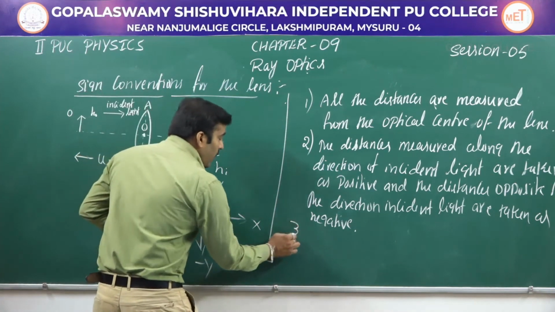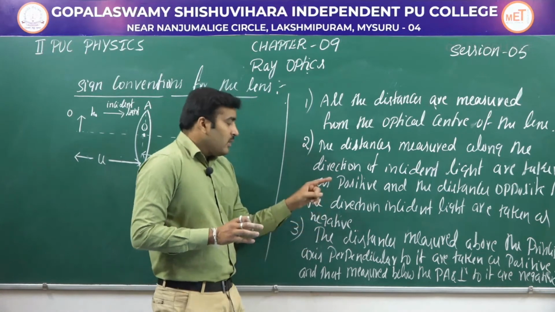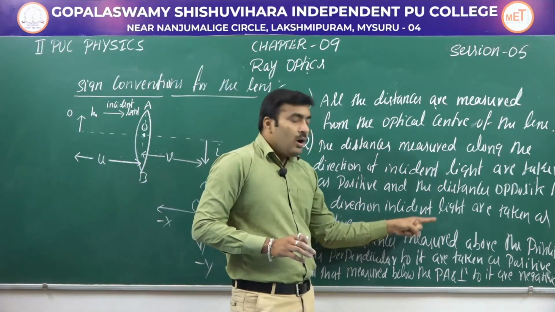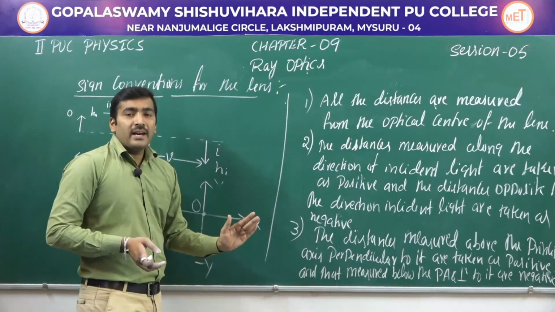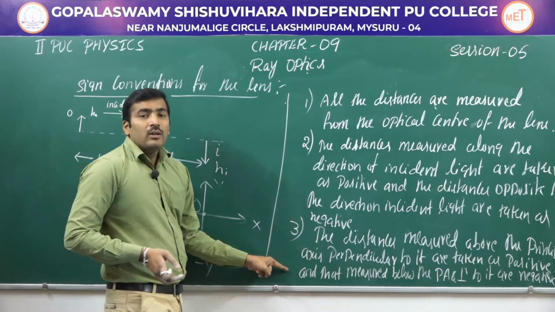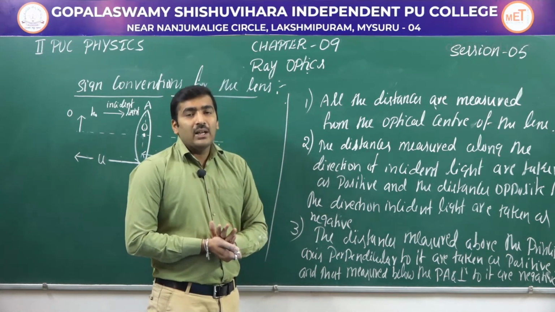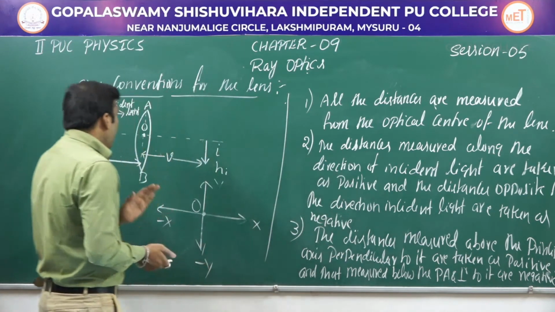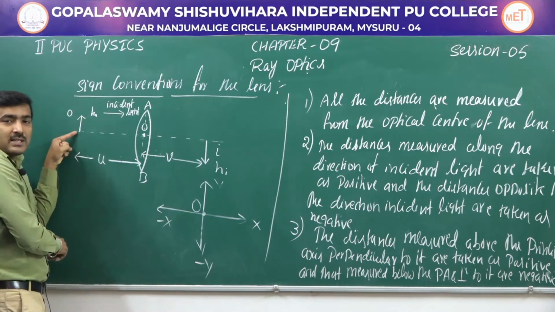Okay. The third point says, so what does the third point say? The distances measured above the principal axis perpendicular to it are taken as positive and those distances measured below the principal axis perpendicular to it are taken as negative. For example, this is the object which is kept above the principal axis, correct?